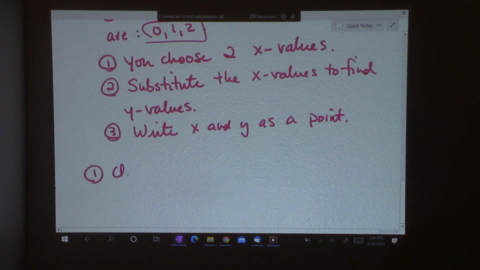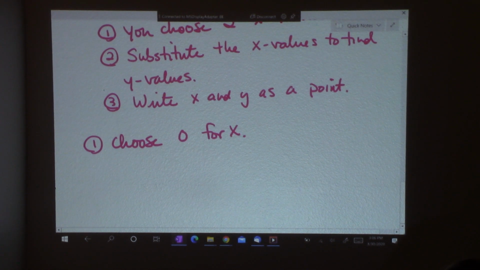So I'm going to choose 0 for x. Here's my equation again, negative 4x plus 15. Now I'm going to choose x equals 0, so I'm going to put that in. Step 2, now I substitute.